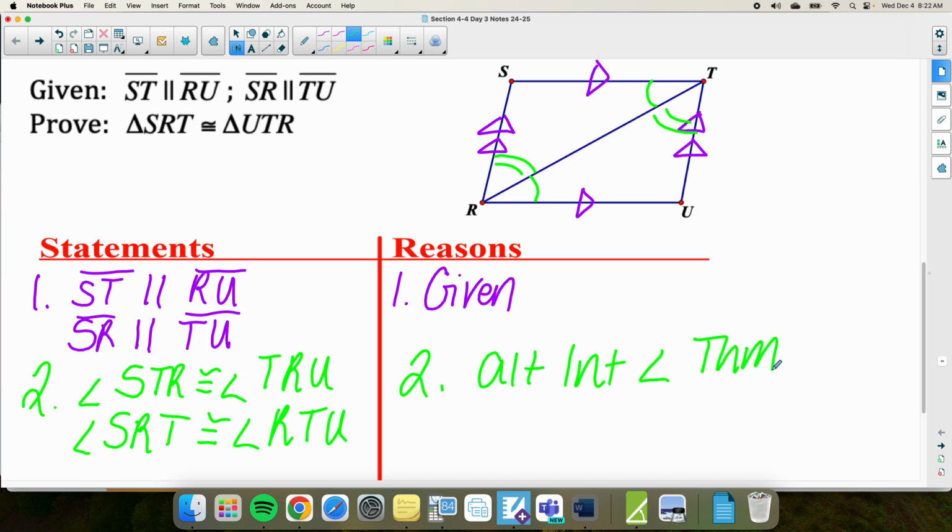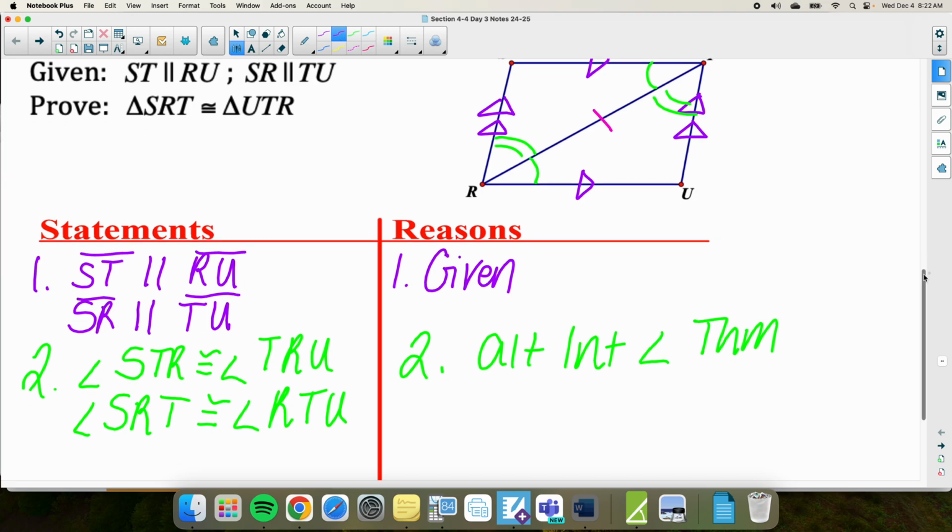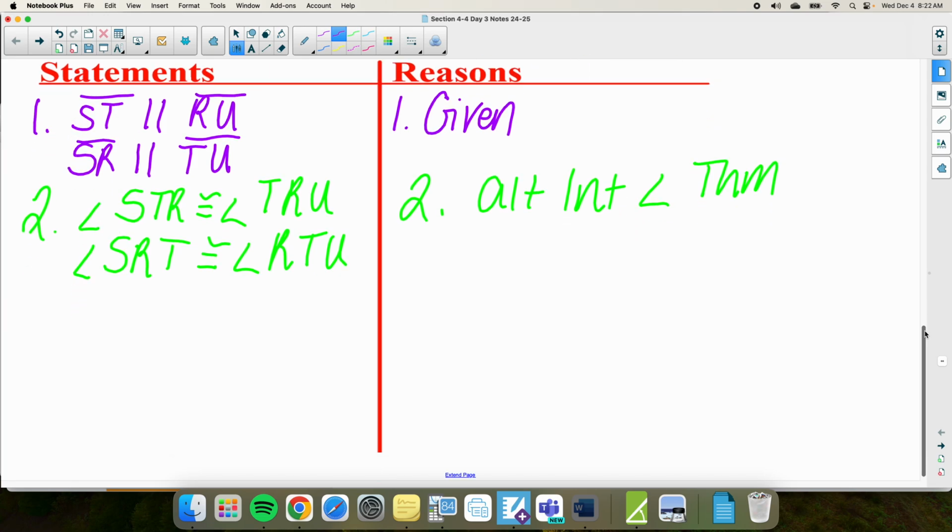Where I see kids lose points on proofs is they don't number the steps, and like on this one they forget to put theorem. So you do have to have that theorem at the end. Now, do you guys see something else here that's congruent? Reflexive. So I could say TR is congruent to TR.